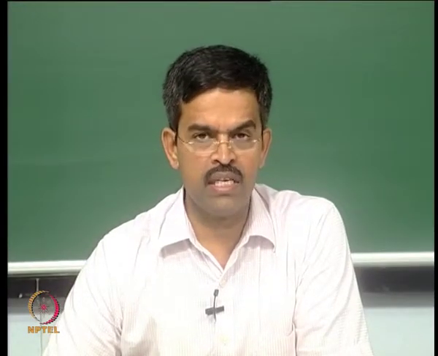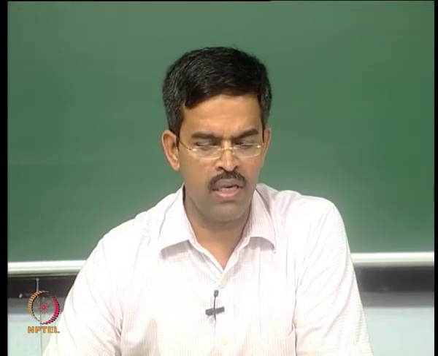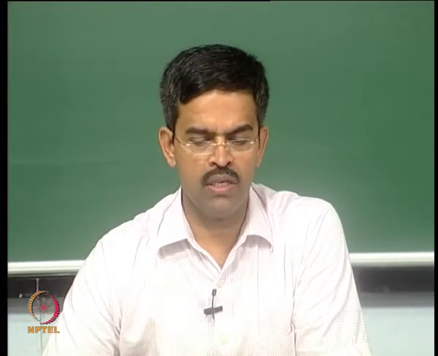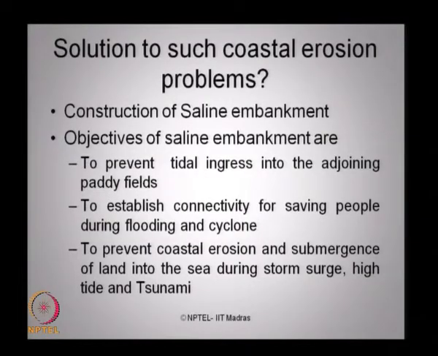It is also used to establish connectivity for saving people in case of floods and cyclones, which are unforeseen events that can happen because of natural reasons. Also, it prevents coastal erosion and submersion of land into the sea during storm surges, high tides and tsunamis.